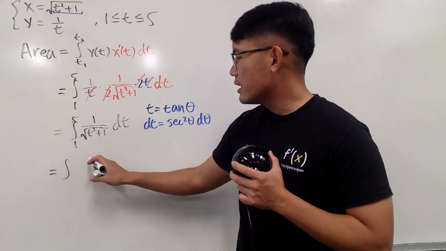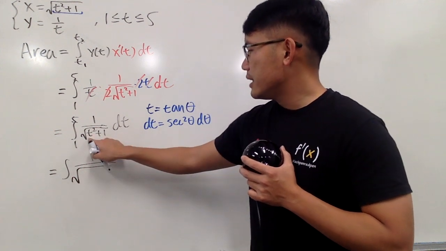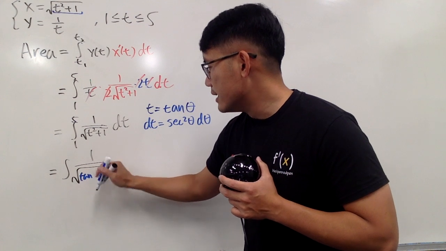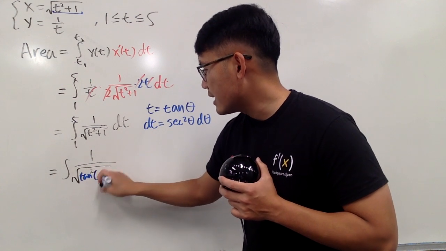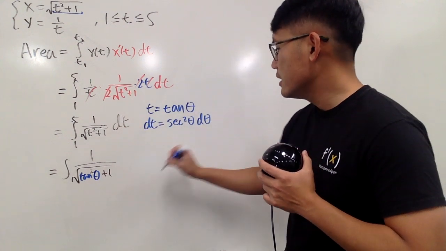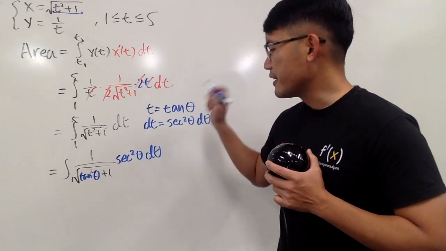Anyway, this right here, it's going to be 1 over square root. t is tangent theta. In other words, here we have tangent squared theta and then plus 1. And the dt is, in other words, secant squared theta d theta.